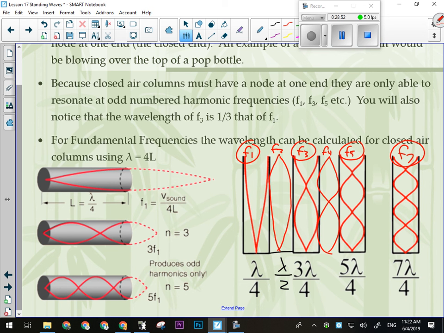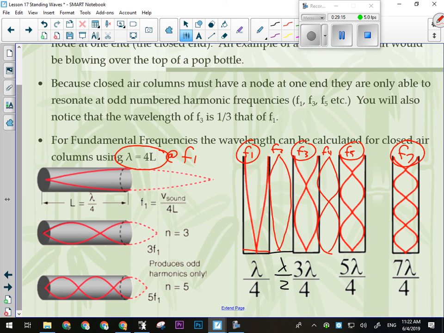All right, so what we know here, guys, is that when the air column is vibrating at its fundamental frequency, there is 1/4 of a wavelength in the tube. That's where we get this formula from. For closed air columns, lambda equals 4 times the length of the tube at F1.